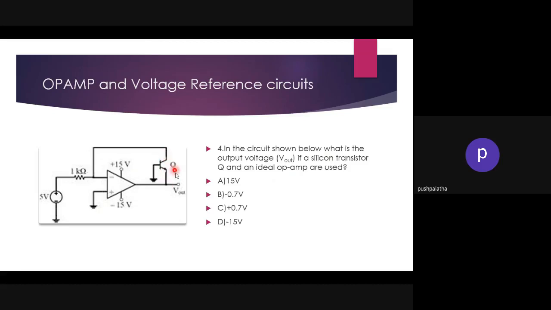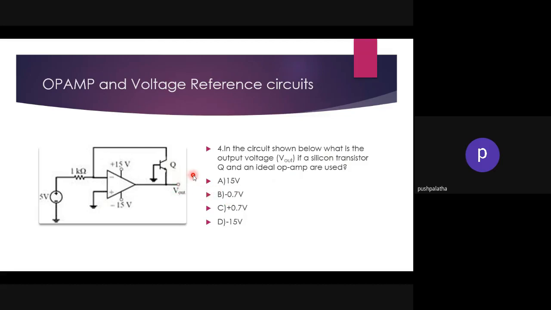The output is VCE, or VC minus VE. We don't know exactly the VE value, but we can find it from VBE. VBE is VB minus VE, which equals 0.7. So VB is 0, VE is minus 0.7. This is my guess.